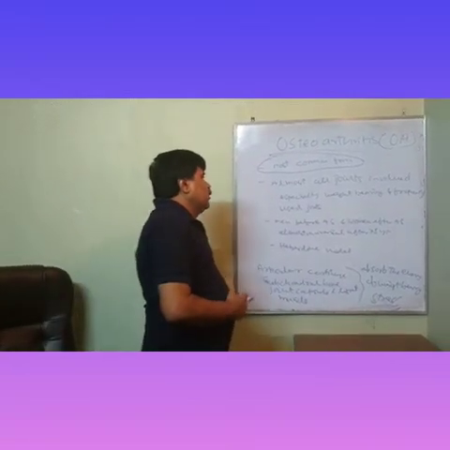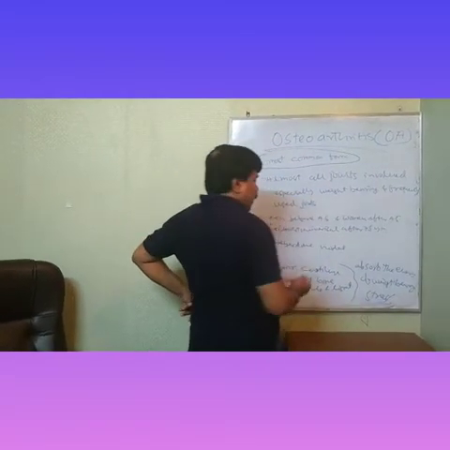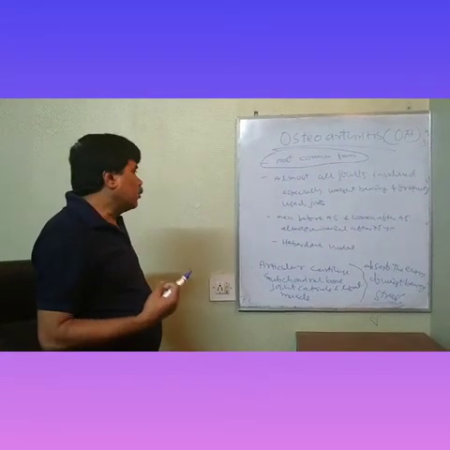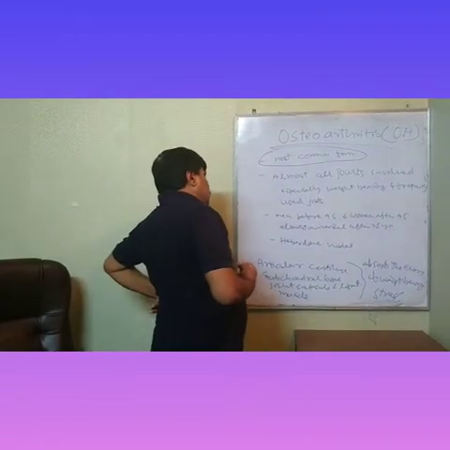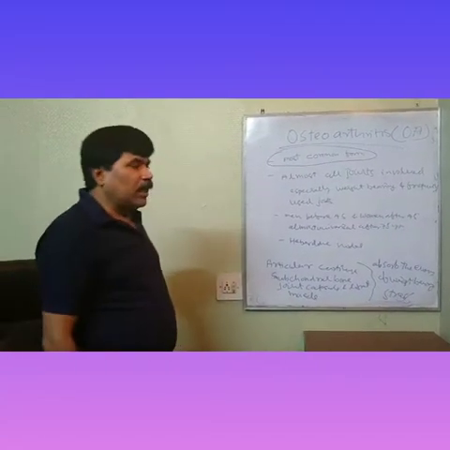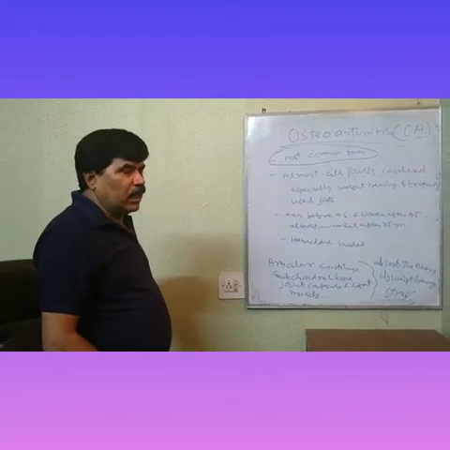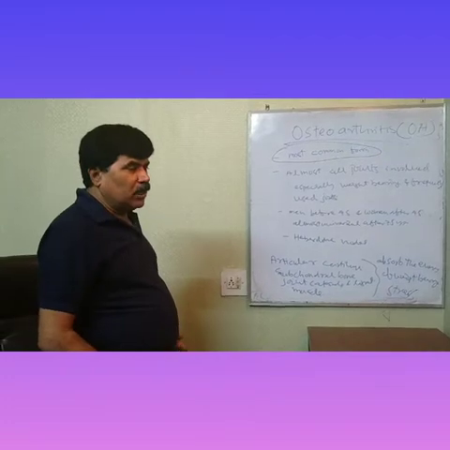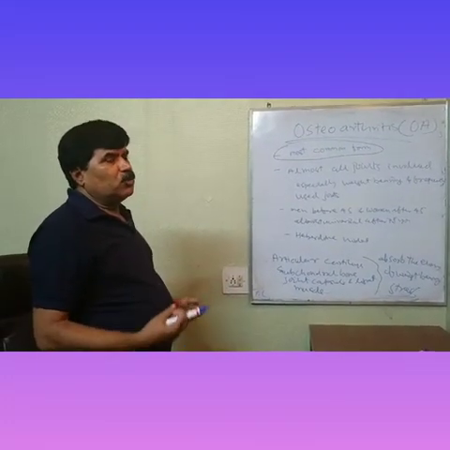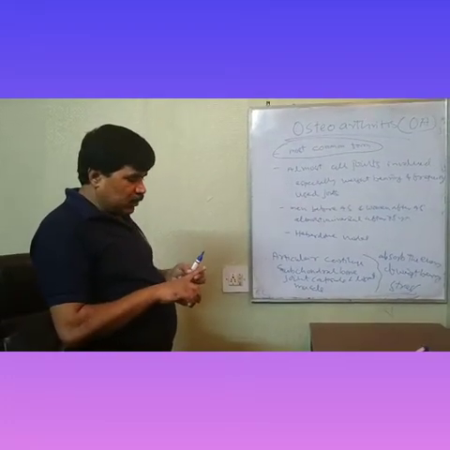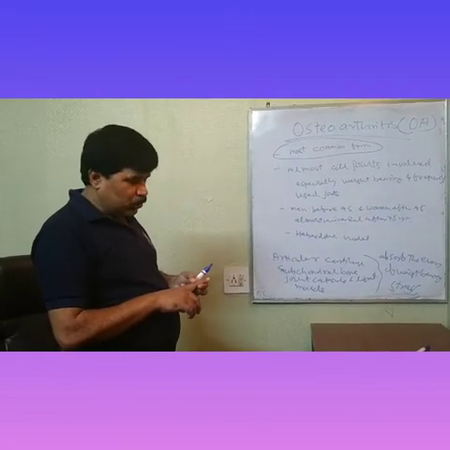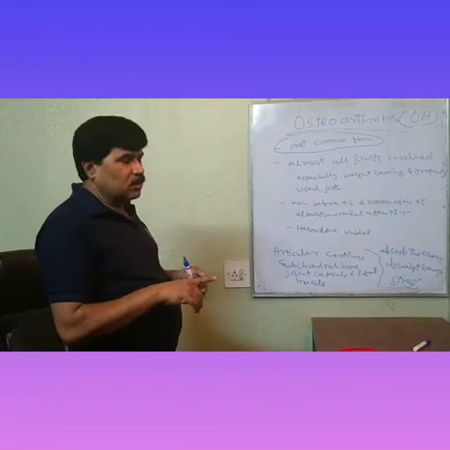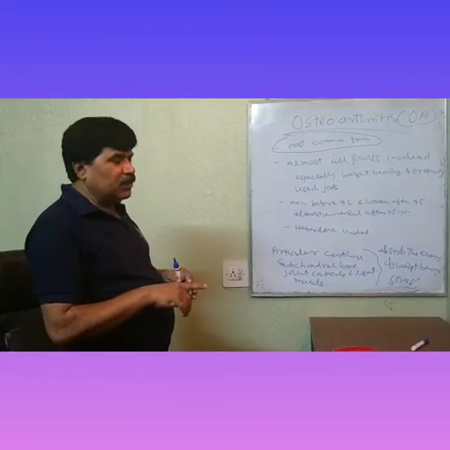Basically, weight-bearing joints and the joints which are used more frequently are commonly involved, like the knee, which is the most common, the ankle, and the hip. The most commonly involved small joints are the DIP and PIP. Any joint can be involved, but the most common are these two.